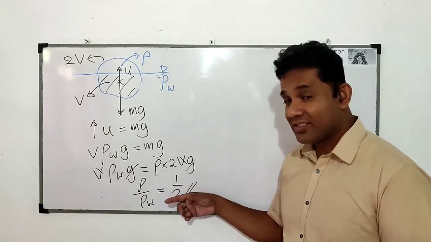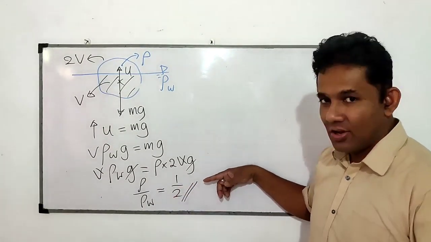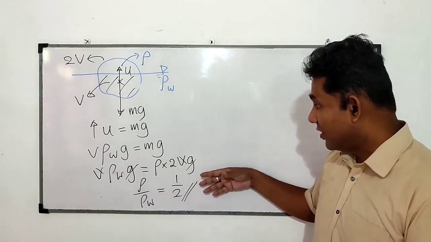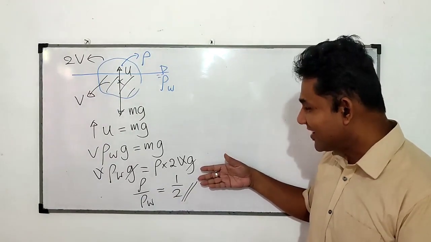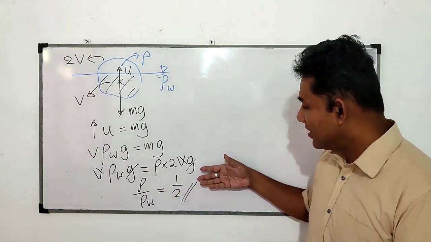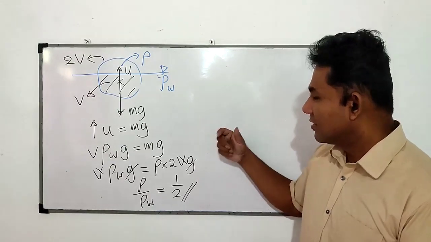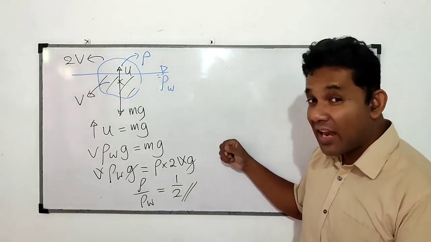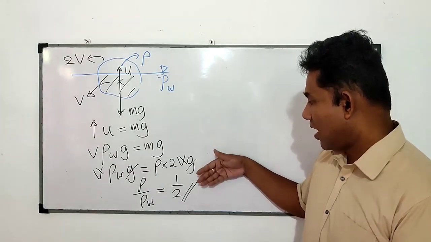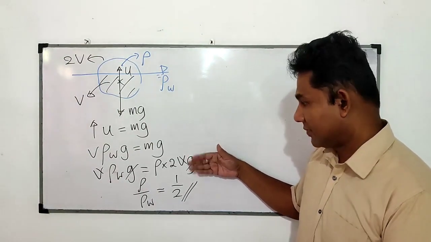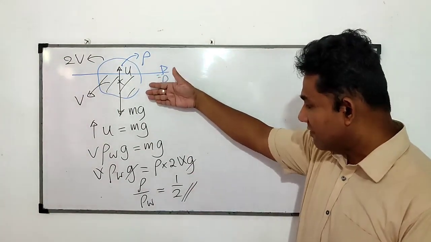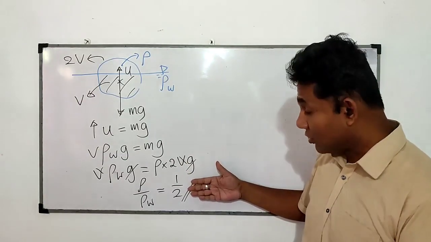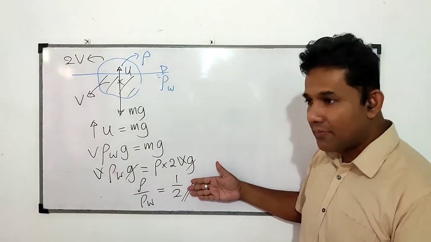Now you know how to get the relative density by using a very small calculation under the principle of floating, and so clearly the fraction is half, and the relative density is also half.